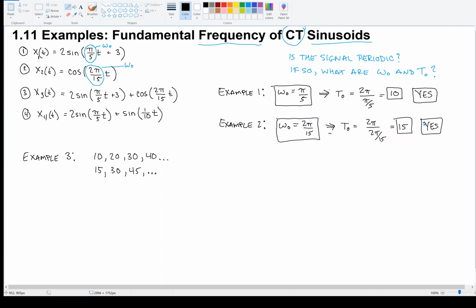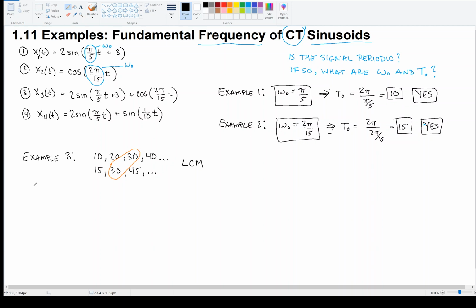So when do they all line up again and are ready to repeat together? Well, that's 30 units and 60 units and 90 units of time. But the smallest positive number is 30. That's the least common multiple of the two individual periods.